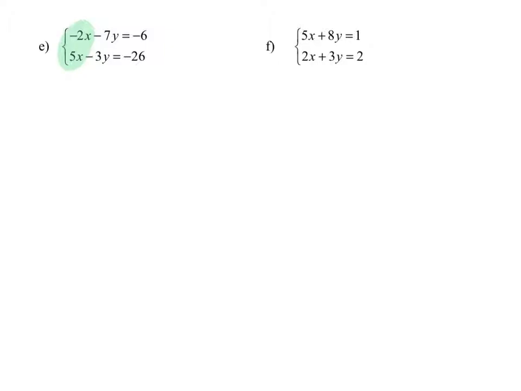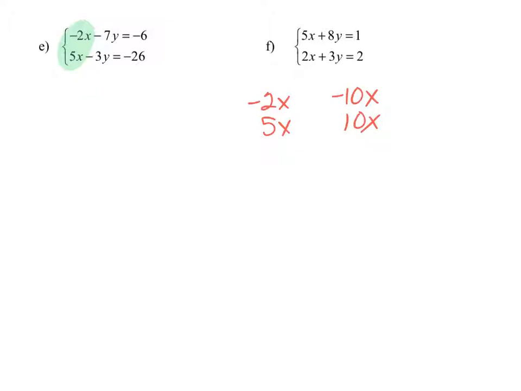We're going to take the negative 2x and the positive 5x. We want to find the least common multiple of 2 and 5, and that's 10. So we would like one of these terms to be, say, a negative 10x, and the other term to be a positive 10x.